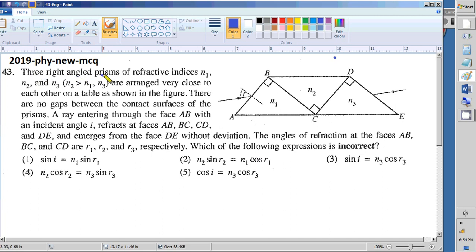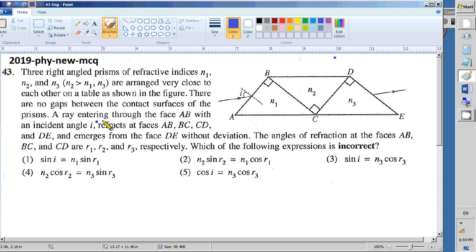Three right angle prisms of refractive indices n1, n2 and n3 (n2 is greater than n1 and n3) are arranged very close to each other on a table as shown in the figure. There are no gaps between the contact surfaces of the prisms.